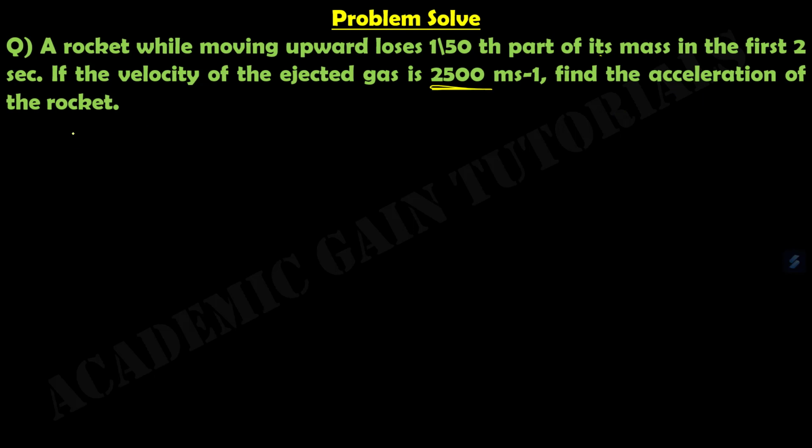For finding the acceleration of the rocket, the equation is a equals 1 by m into del m by del t into v minus g.